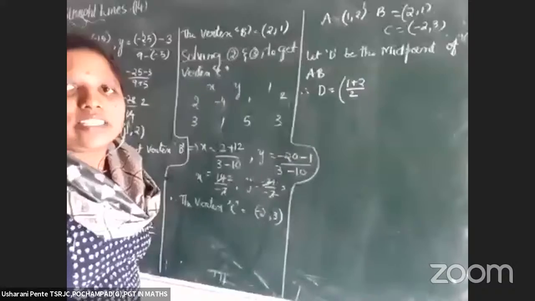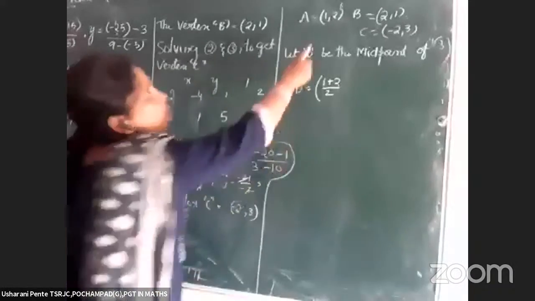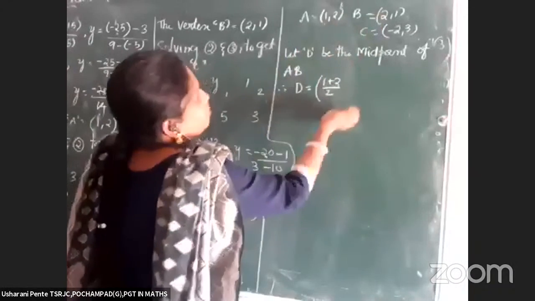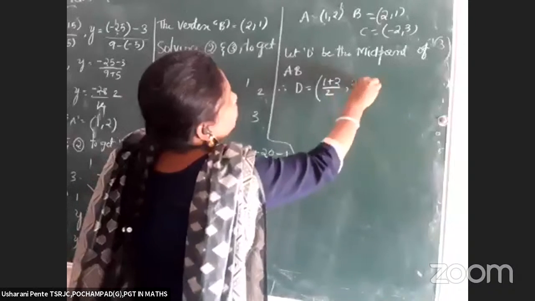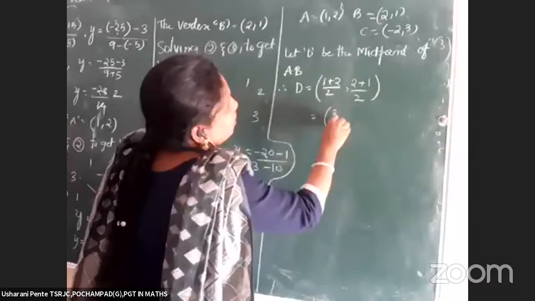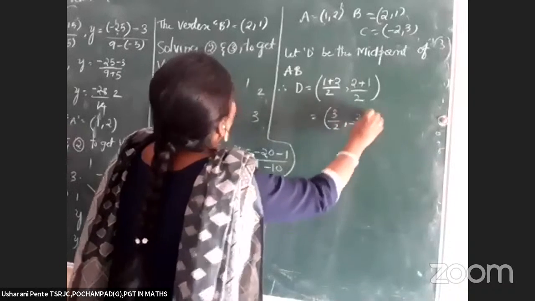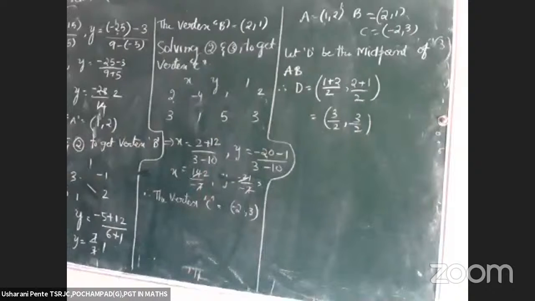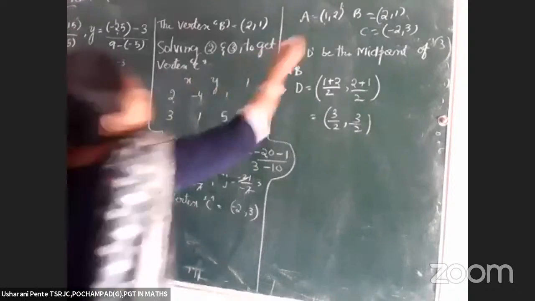So we are finding D. So 1 plus 2 by 2, comma 2 plus 1 by 2. That is equal to how much? 3 by 2, comma 3 by 2. Here we have y as minus 2.